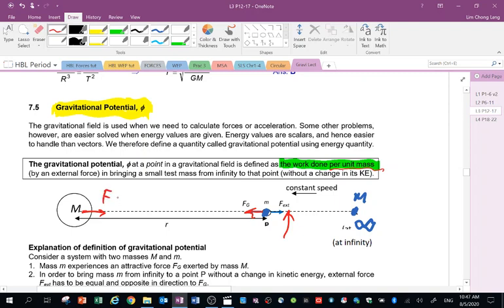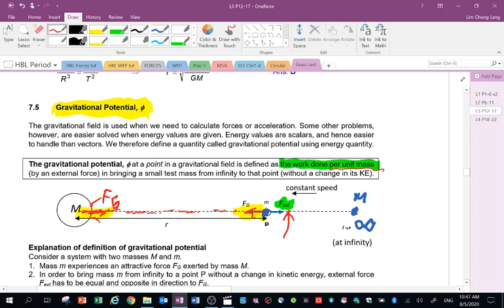These two forces are what we call the equal and opposite action and reaction. I'm going to highlight the external force in green. Without this external force, this body will accelerate towards the Earth and crash at the surface. We don't want this to happen.